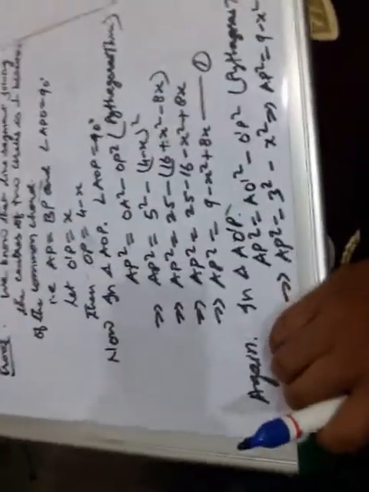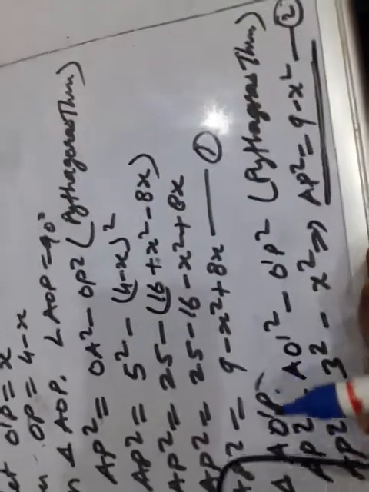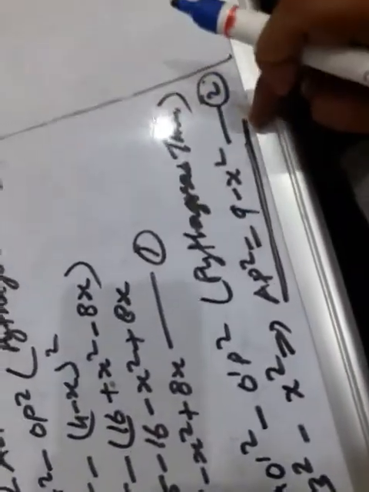Okay, children, now let us move to the next part of the board. From 1 and 2, see here, both left hand sides are equal.